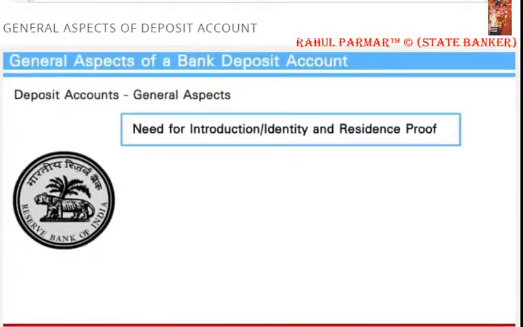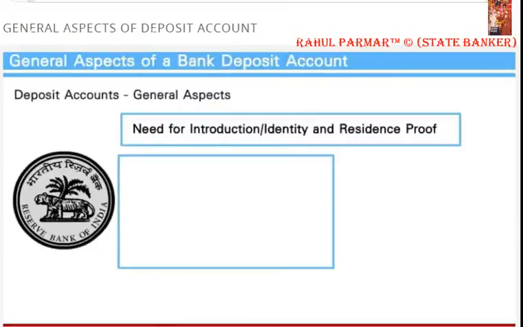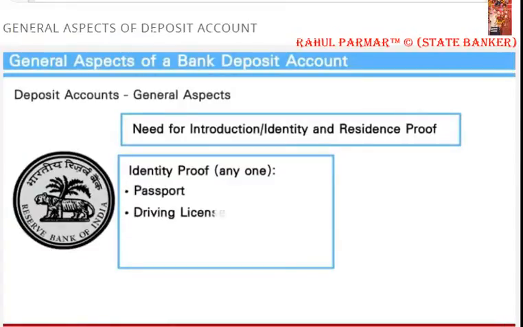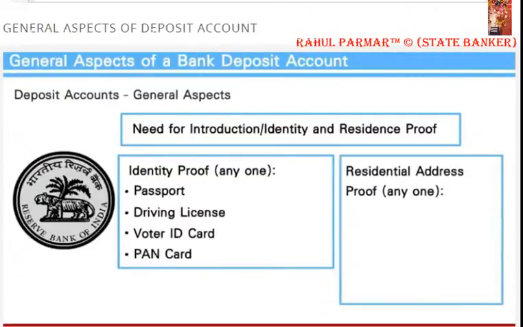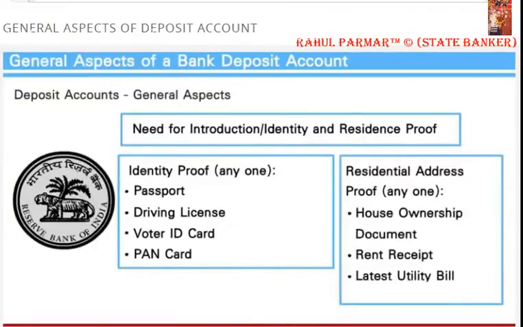As per the existing guidelines issued by the Reserve Bank of India, all banks should obtain any one identity proof of the person, like a copy of passport, driving license, voter's ID card, or PAN card, and residential address proof, like house ownership documents, rent receipt, latest utility bill or society letter.